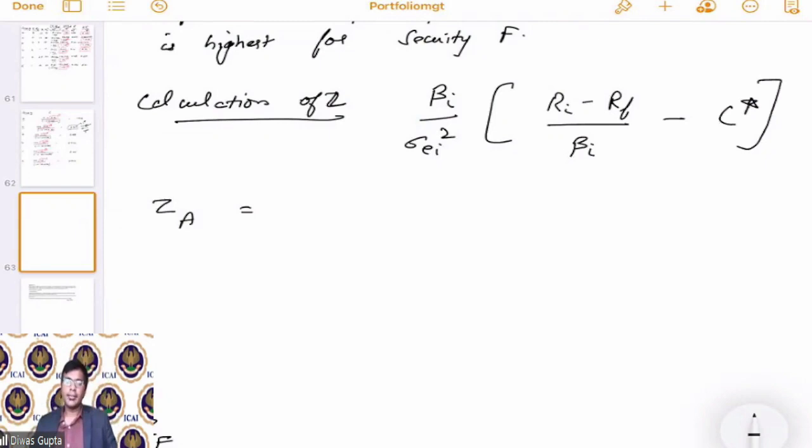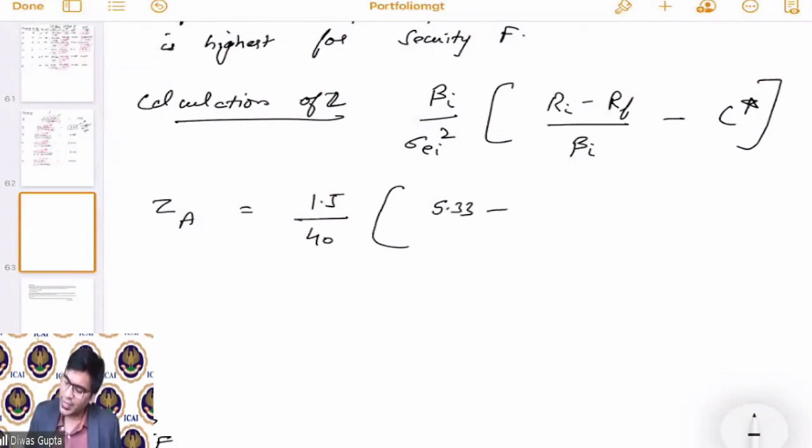Correct? So for ZA, what is the beta? 1.5, residual variance is 40, correct? This whole multiplied by Ri minus Rf divided by beta is the Treynor ratio that we have already calculated, 5.33, and C star is 2.814.